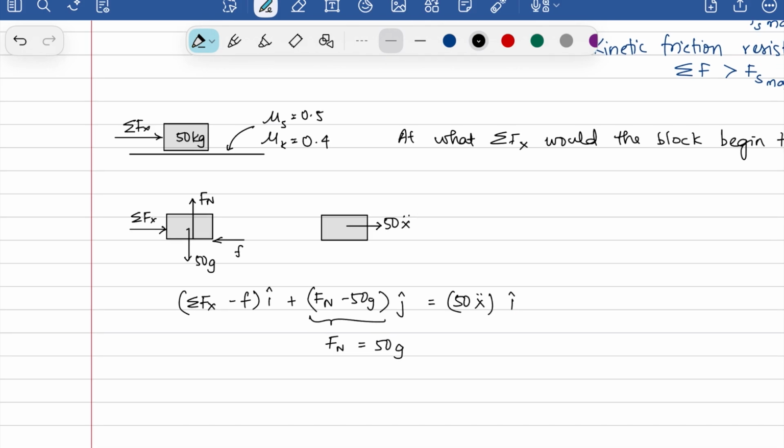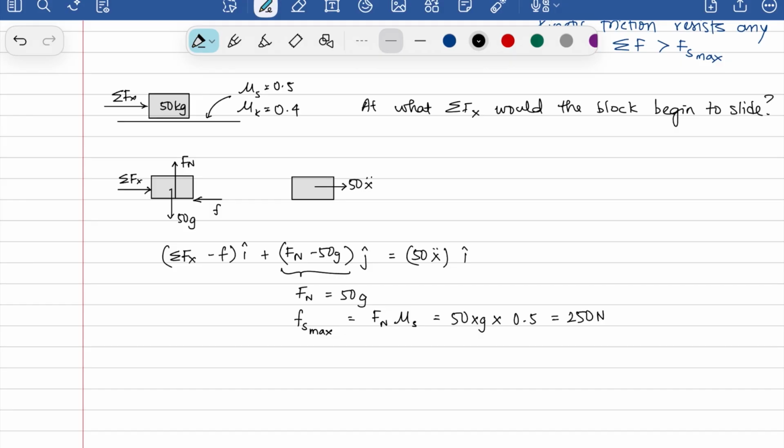And we have that Fs max is equal to Fn times mu s, which is 50 times g times mu s, which is given to you as 0.5, giving me a value of 250 newtons.